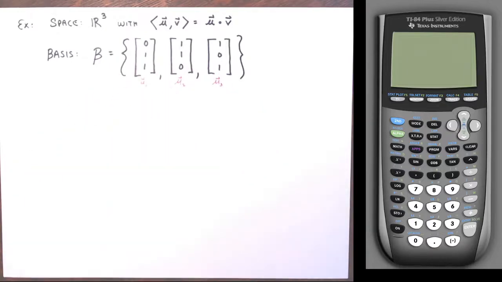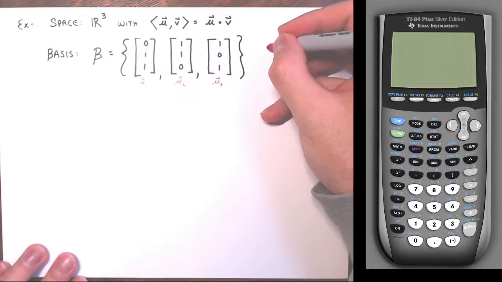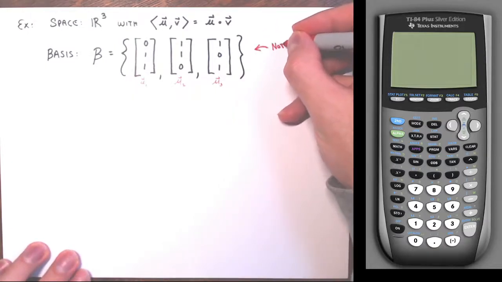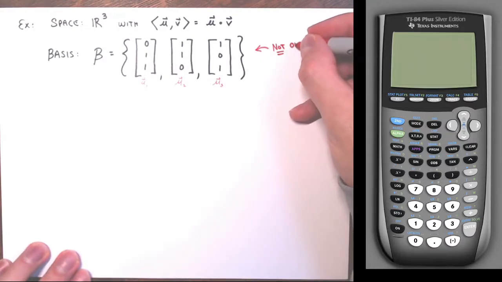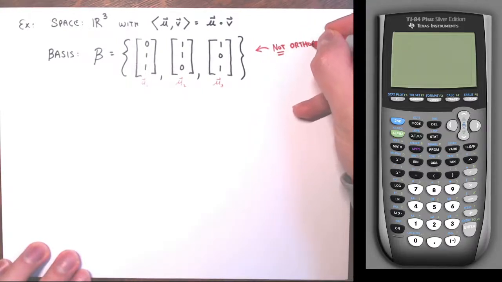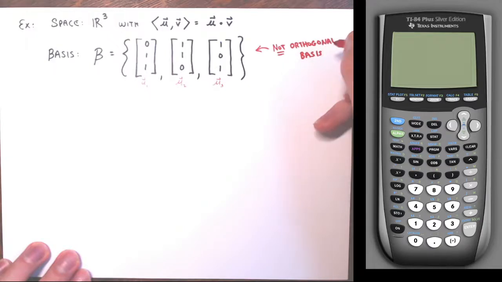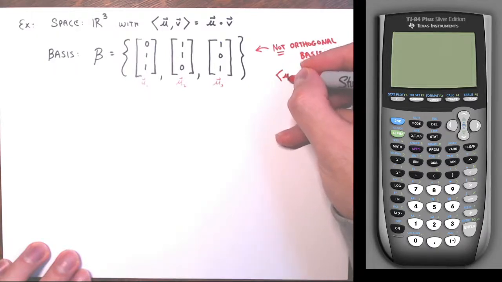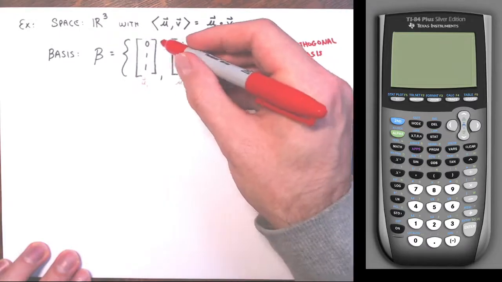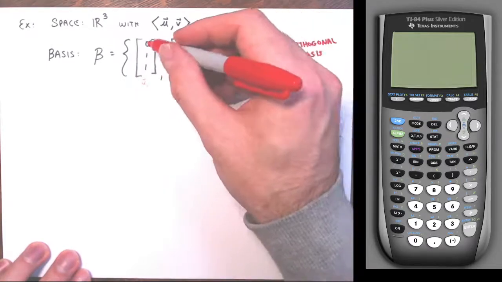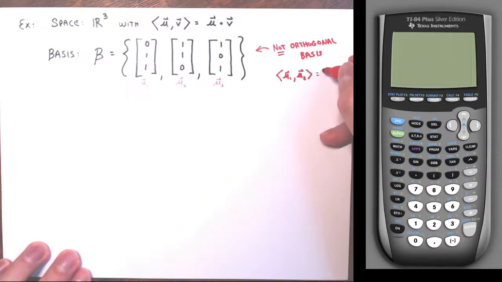Now notice this is not an orthogonal basis. Because again, if it were an orthogonal basis, then you wouldn't have to do the Gram-Schmidt process. For instance, the inner product of U1 and U2 is 1, right? This is dot product, 0 plus 1 plus 0, which is not 0.